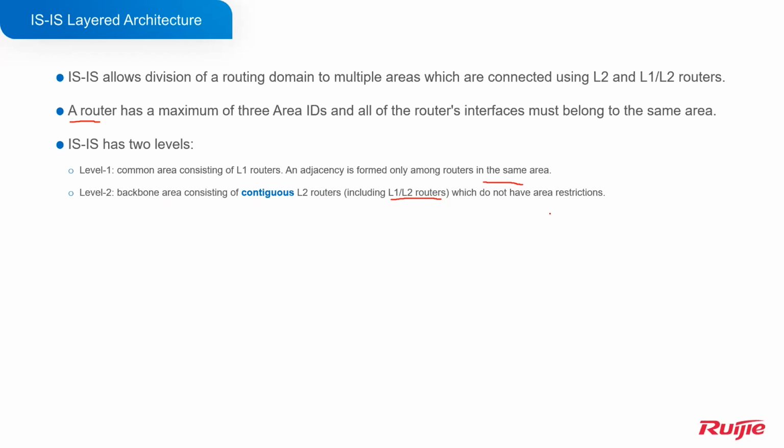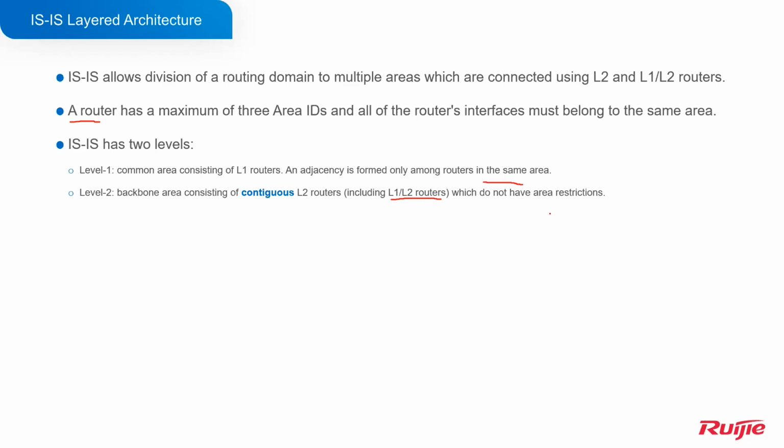That means maybe you have level 2 routers and they belong to different areas. It doesn't matter. The backbone area only depends on your router type, no matter your area ID. If you are a level 2 router or maybe a level 1 and level 2 router, you will become a backbone area member. So this is a definition.